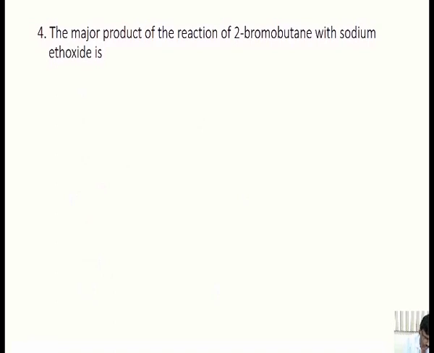Now let us look at this problem. The major product of the reaction of 2-bromobutane with sodium ethoxide is. So when you react with sodium ethoxide, it can produce a mixture of alkene, say E2 elimination.